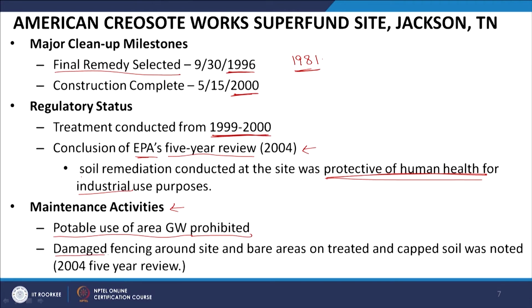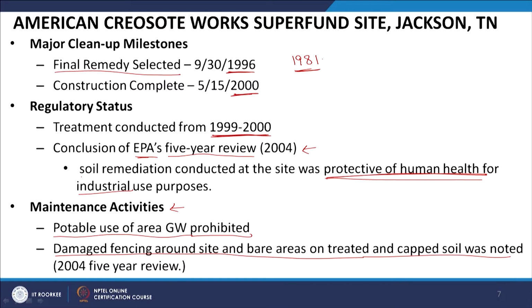And looks like also fencing around the site and bare areas on treated and capped soil were noted. As in what I am trying to say here is that we can't just be done with remediation and let it be. Obviously, we need to conduct periodic reviews, right. Why is that? Obviously, to see whether it is performing as you designed it, or as you estimated it to be.